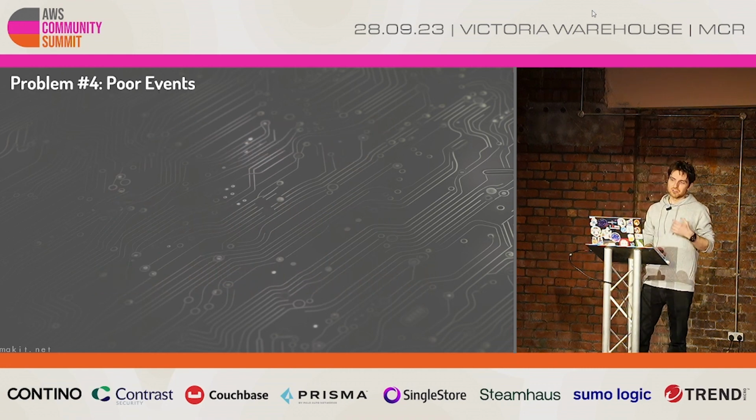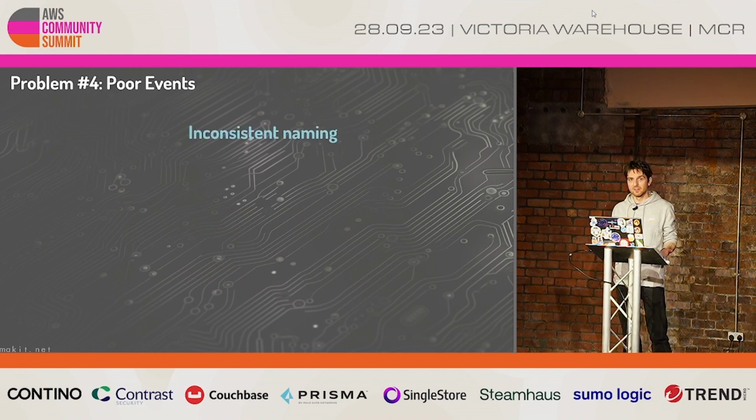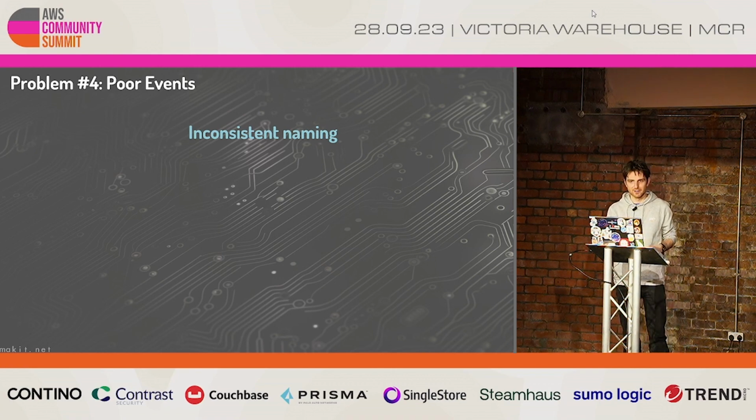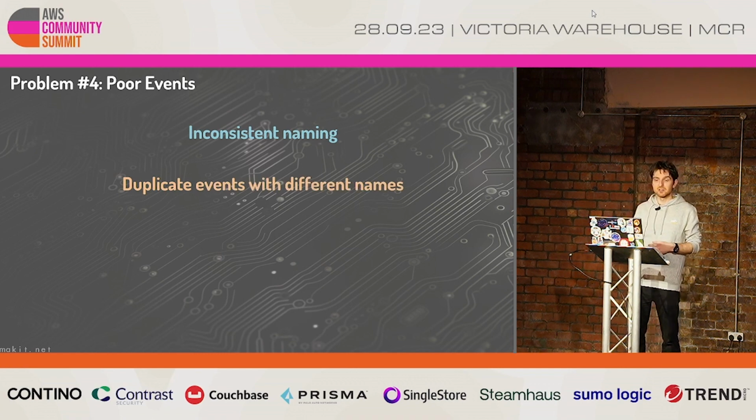Next problem is just around the events themselves. So just having poor events, and by that I mean inconsistent naming. If you've worked with EDA, especially ones that have just grown and not been planned with event storming and so on, you've probably seen this quite a bit. User registered, registered user, that kind of thing. Duplicate events, again, you might have both of them.